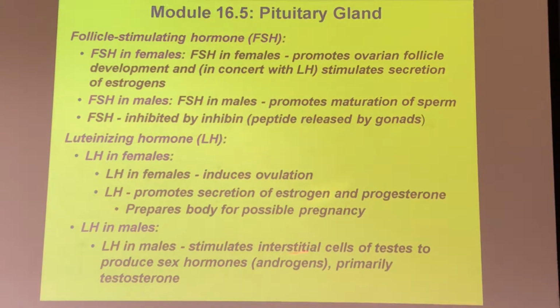You are not done with the interstitial cells yet; when we do the reproductive system and the testes anatomy, you will learn about them. In the male, the interstitial cells of the testes produce the sex hormone called androgen, first producing testosterone. So in males, they produce androgens, or testosterone.